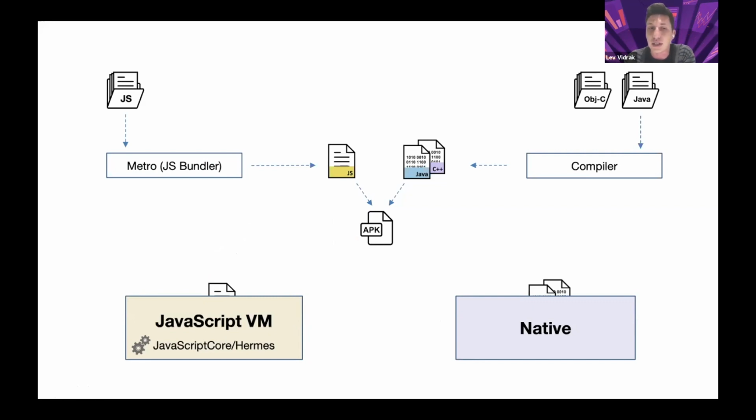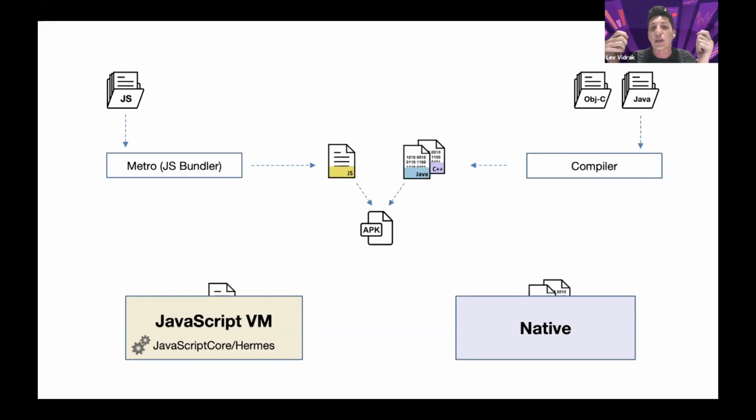So if you are picking a monitoring system, make sure they support Hermes, because your JavaScript code is minified. And when you have an error, you are sending minified data to the monitoring system. And you need something called a source map to translate this minified information to a readable stack trace with normal function names and class names.